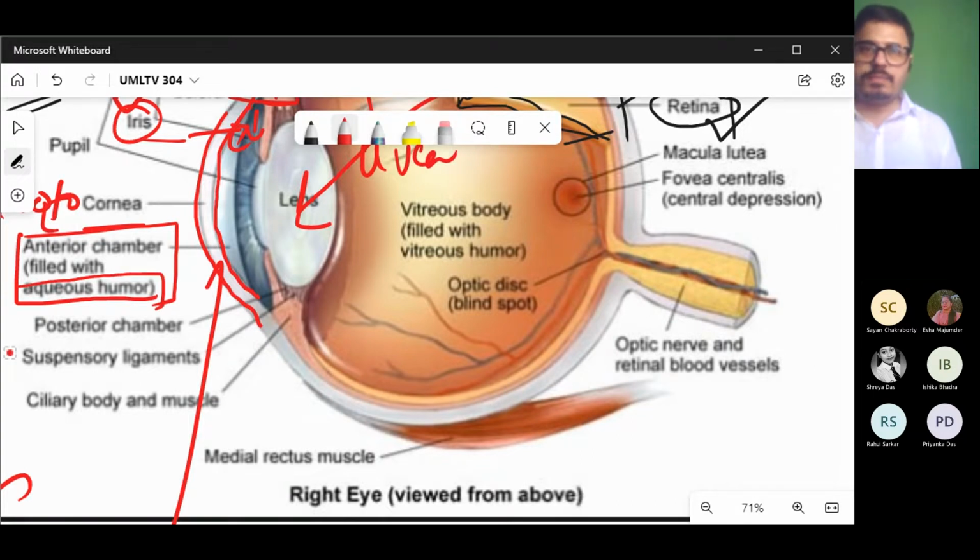This aqueous humor supplies nutrition to the cornea. So even though there are no blood vessels, the cornea can survive by taking the nutrition from the aqueous humor. Is this concept clear now? That is how the cornea survives.